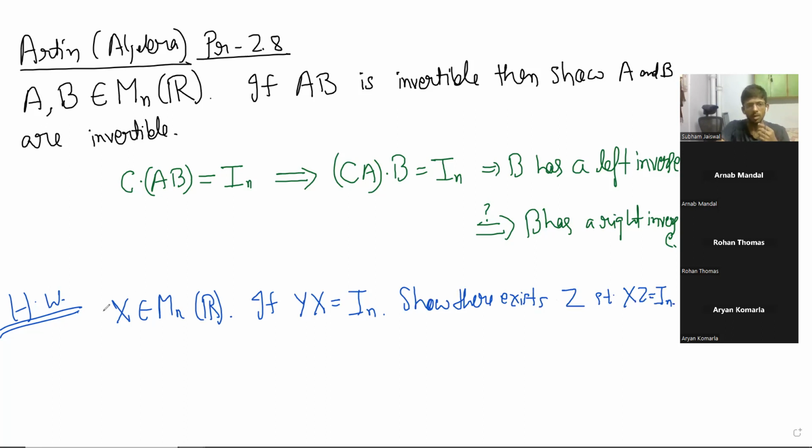This is homework 1. You should try to prove this. You can also use determinants, or maybe something else. And it's a very remarkable fact that a one-sided inverse implies the other inverse.